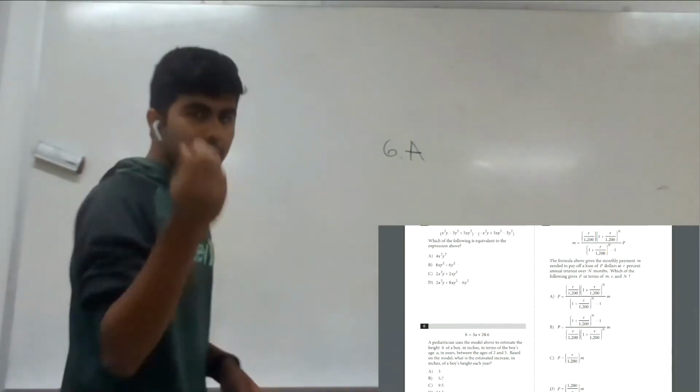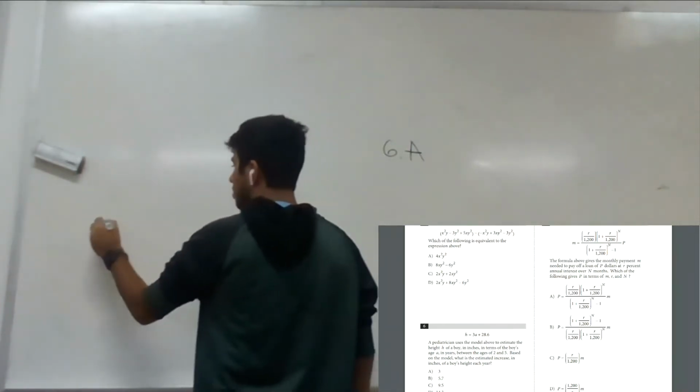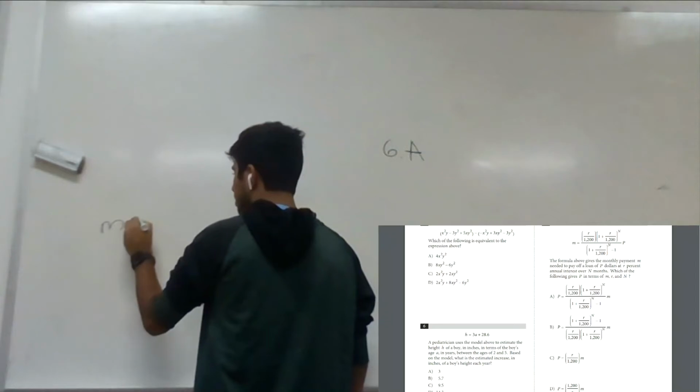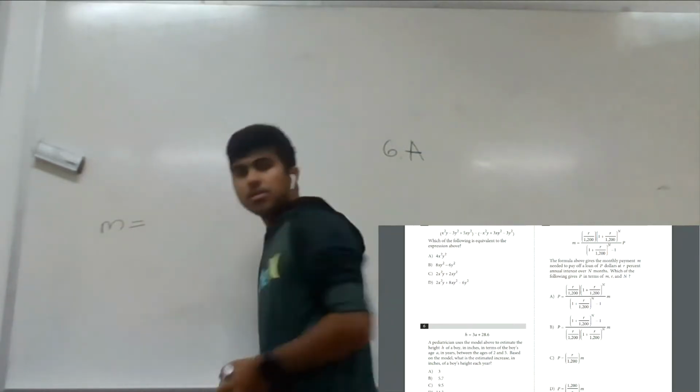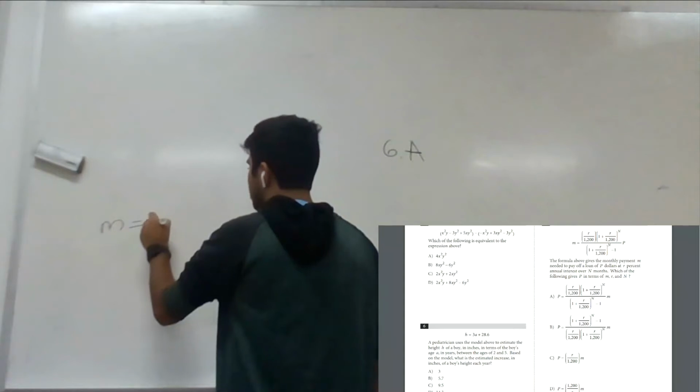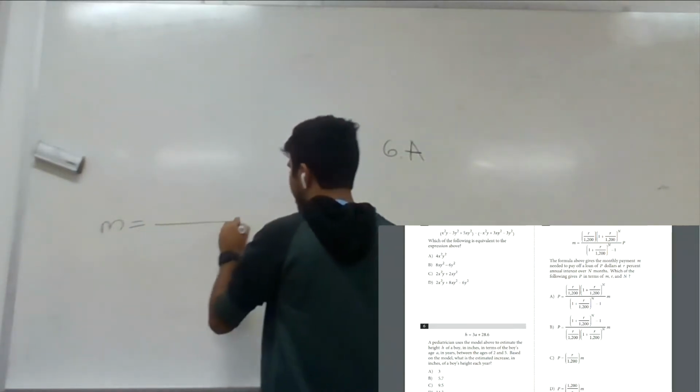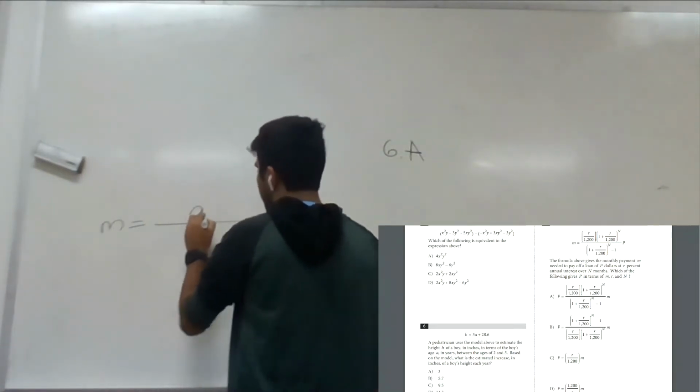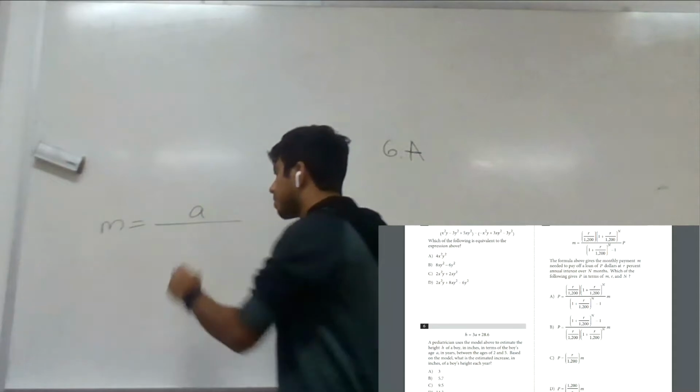So let's say m is equal to, let's assign the variable a to the numerator and b to the denominator.